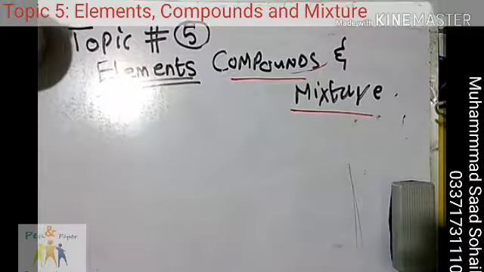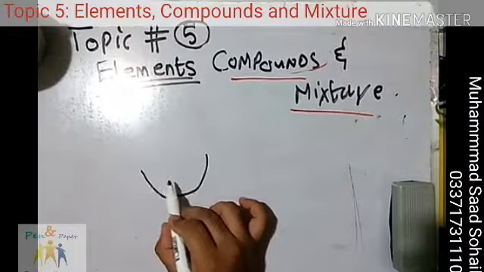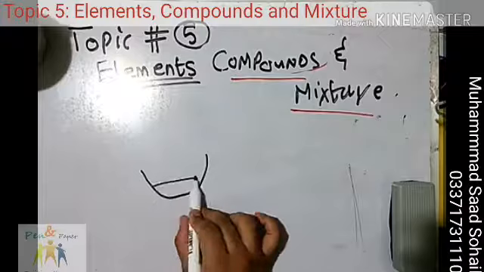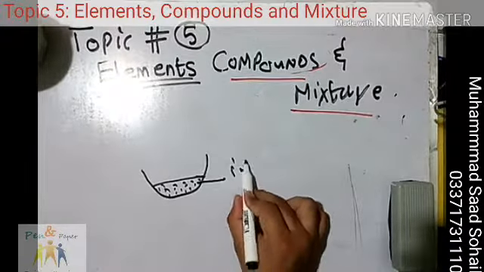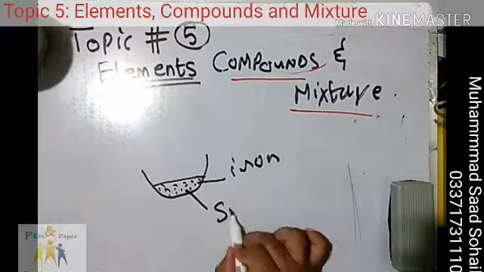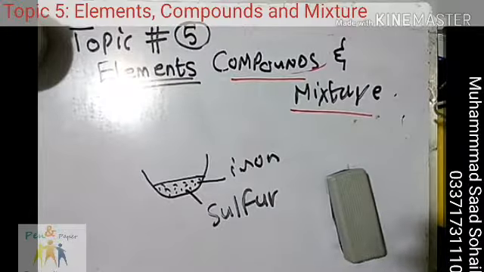Now another example of a mixture would be that of iron powder and sulfur. Let's say you have a china dish in which you have powder of iron and sulfur. You have iron powder, you have sulfur powder. You can easily separate them by dissolving the sulfur in methyl benzene, which is a solvent.